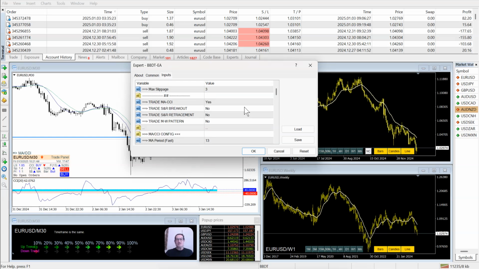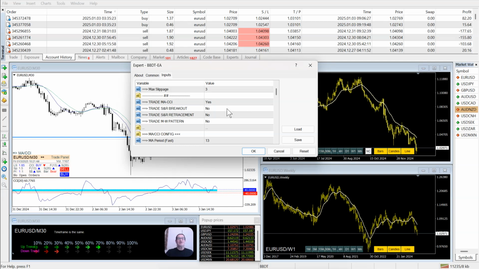Here's where the changes come in. I've categorized this. The bot has the ability to do 4 different trading strategies. It's the MACCI, which is the one that I use exclusively, almost exclusively. I'd say a good solid 98% of the time.